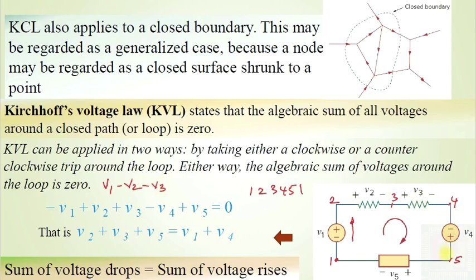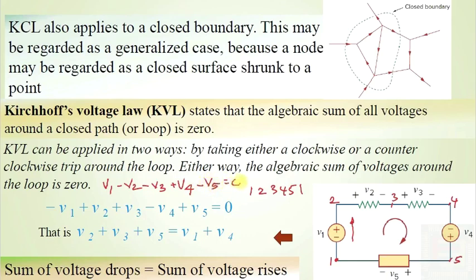Now when you travel from node 4 to node 5, you are meeting a rising potential, so it has to be considered as positive. So you get V4. And if you move from node 5 to node 1 in order to close the loop, you are meeting a drop in potential, and you have to consider that as negative. So you have minus V5.